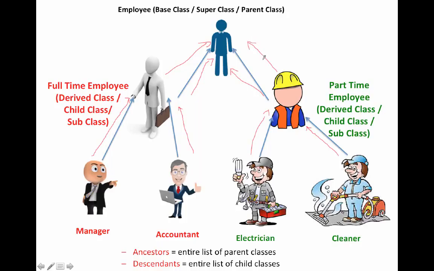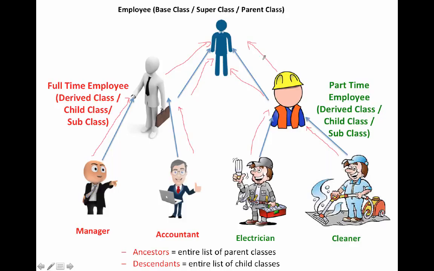Descendants, for employee, it has the descendants full-time employee, manager, accountant and part-time employee with electrician and cleaner. Can you tell me what are the descendants for full-time employee? Yes. So for the full-time employee, the descendants are manager and accountant.